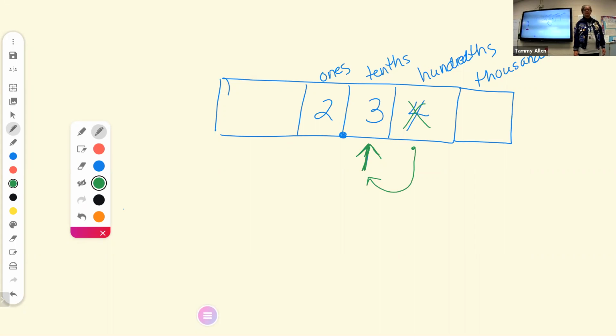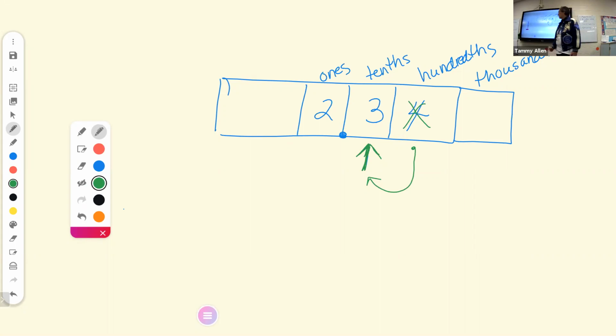Does that make sense? What didn't make sense? Did the 4 tell us what to do to the 3? Did I go to the tenths place? Do I need the 4 anymore? No. I just got confused on why you got rid of it.